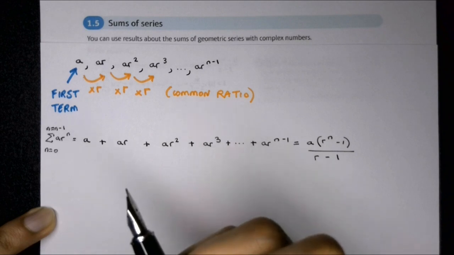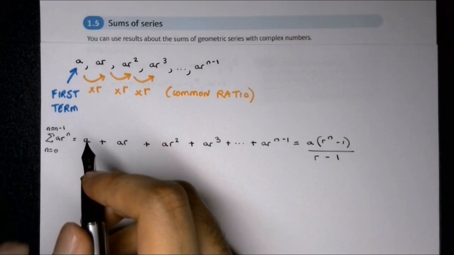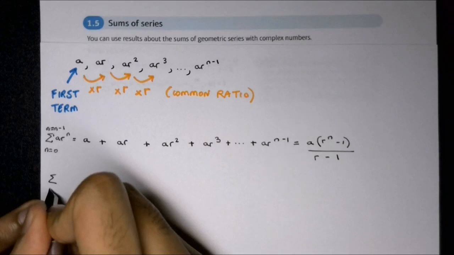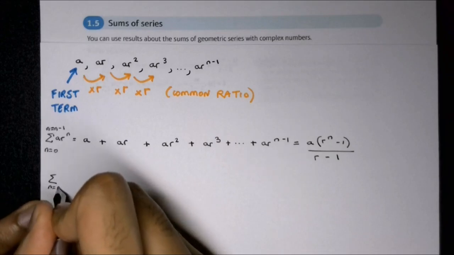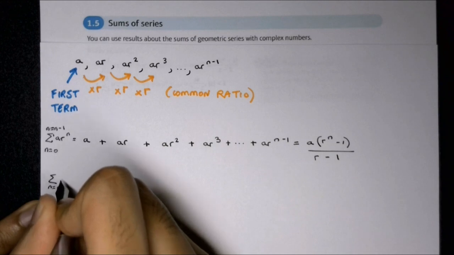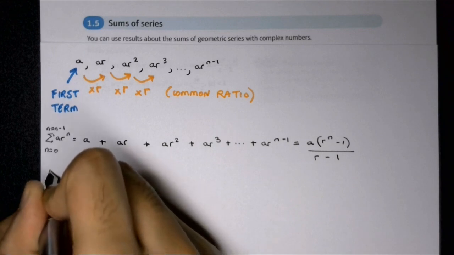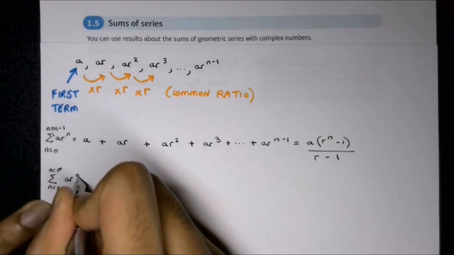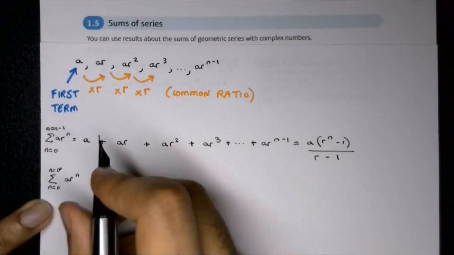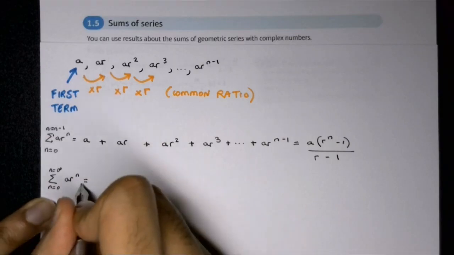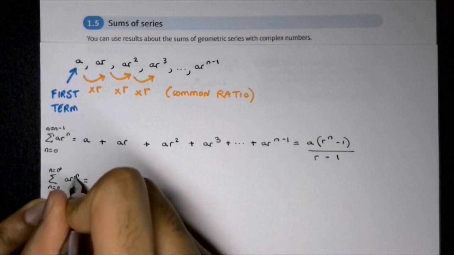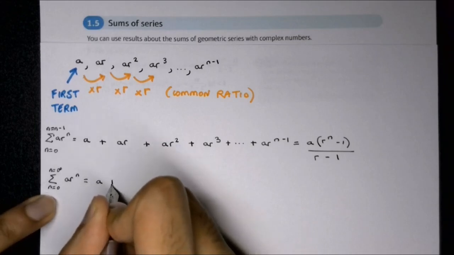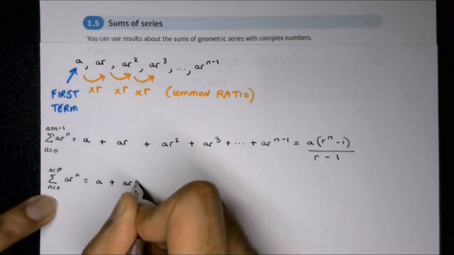And similarly, if we have the sum from n equals 0 to n equals infinity of ar to the power of n, well, hopefully here you can see when n equals 0, we have ar to the power of 0, which is just a. When n equals 1, we have ar to the power of 1.